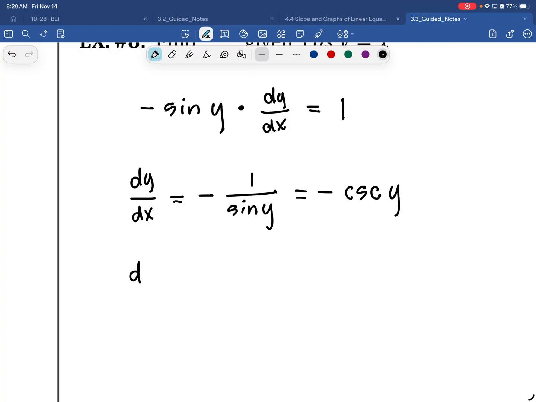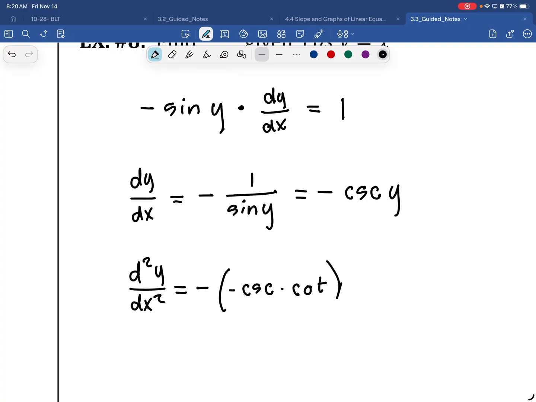So here we go. Let's do the second derivative of y with respect to x. We've got a negative out front. What is the derivative of cosecant of something? Negative cosecant times cotangent.